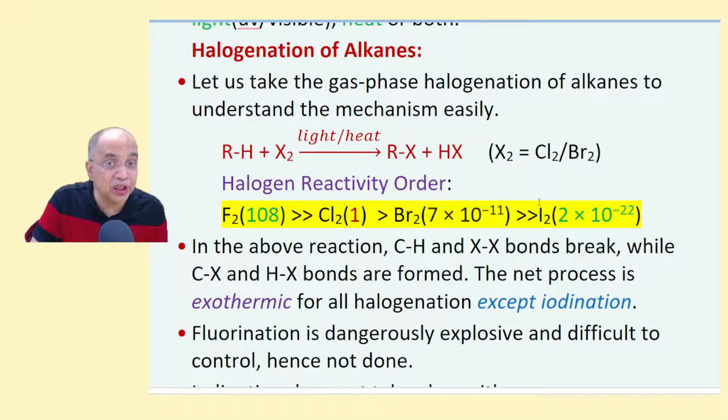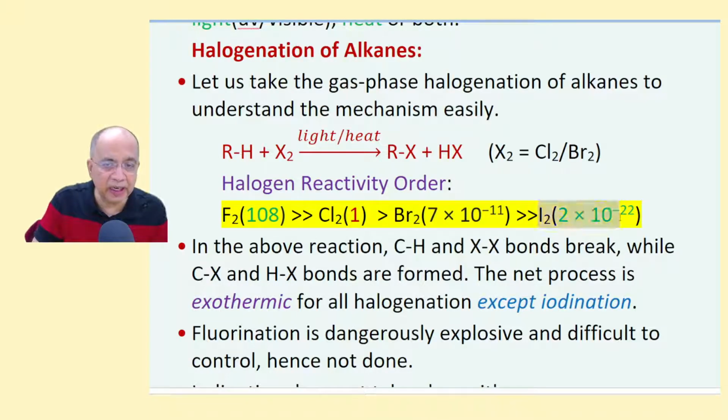And the halogenation order is like this. Fluorination is fastest. It is dangerously explosive, so we don't recommend carrying out fluorination. Even in dark, it explodes. So this is rejected on that ground. Chlorination is much faster than bromination, and iodination is still much slower.